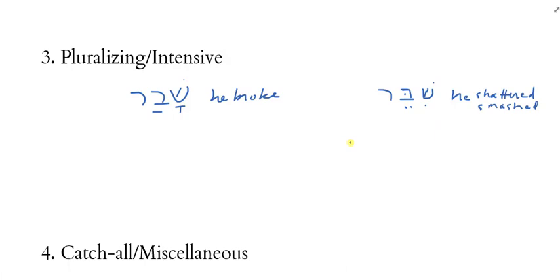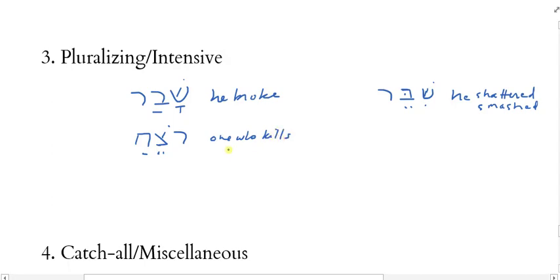All right. If you take the verb ratzach, we'll just jump down to that one. Ratzach in the Qal, here we'll put it in the Qal active participle. So this is one who kills. Okay, this is a substantival use of the participle. One who kills, which equals a killer. Okay? Now let's make this a Piel participle.